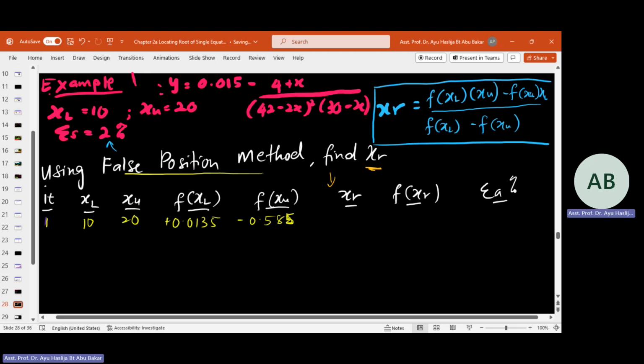Fifteen is if you use bisection. You should be getting 10.23 for your XR for the first iteration. Then find your F(XR). You'll get somewhere around this value.